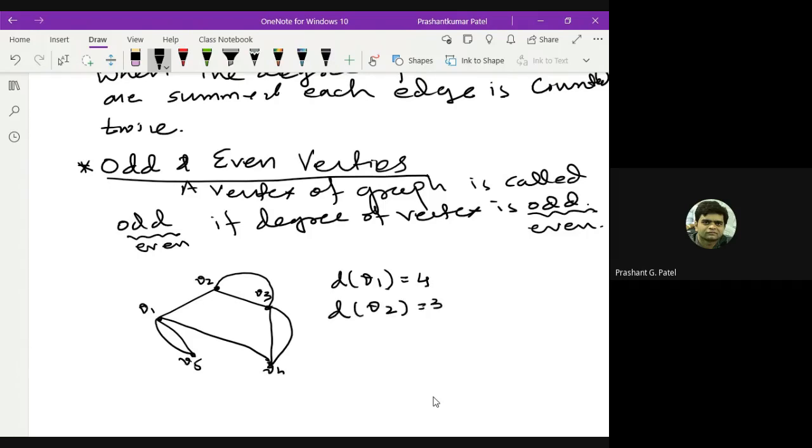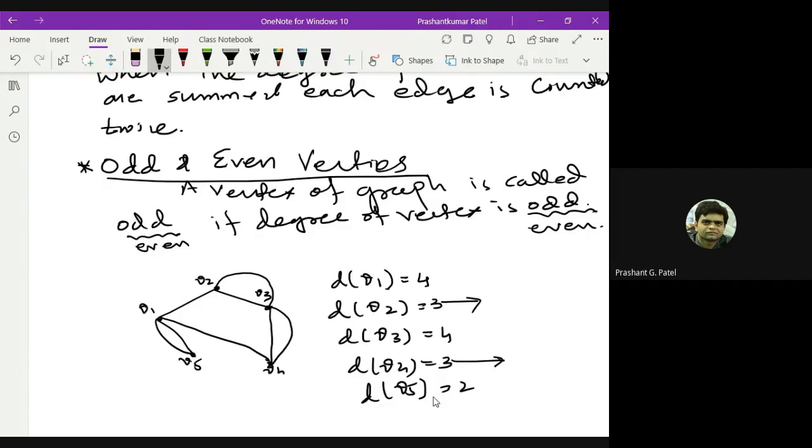Degree of V3 is 1, 2, 3, 4. Degree of V4 is 1, 2, 3. V5 is 2. So here there are 2 odd vertices. And I hope that everyone will find the number of odd vertices in their respective graph to be even.